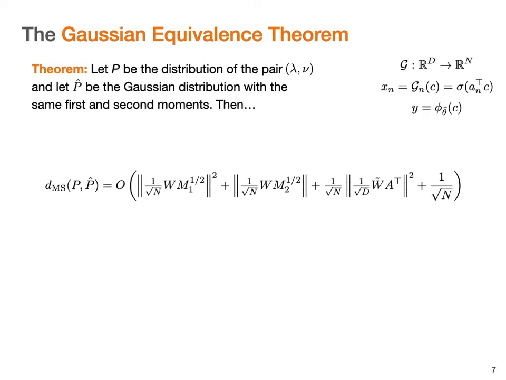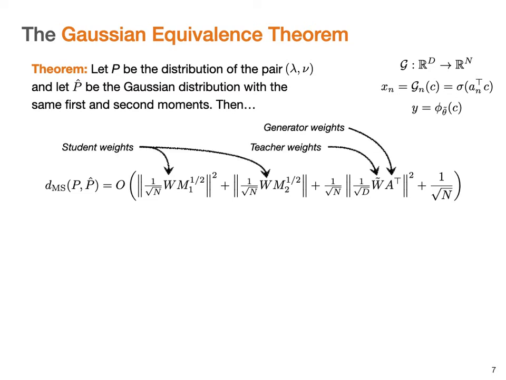Now, to gain a little bit of intuition, let's look a bit more closely at the different terms that intervene in this bound. And we will see that there's the student weights, there's a product of teacher and generator weights, and the student weights enter via multiplication with two matrices M1 and M2, which are related to the input correlations. And these two terms are really important because they give you the basic intuition of our result. So imagine you have some inputs x, and you look at the covariance matrix. There will be some dominant directions here, which are the leading eigenvectors of that covariance matrix.